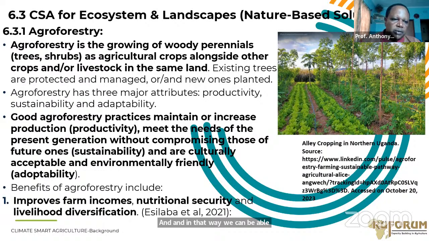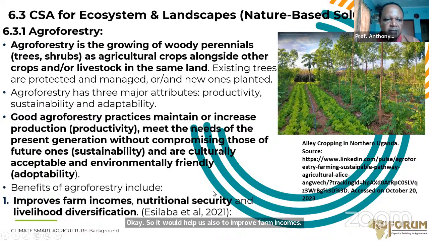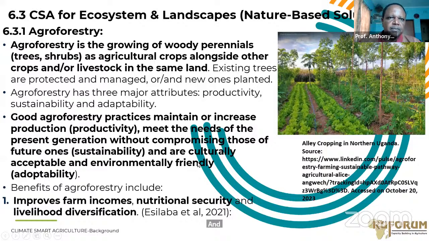It would help us also to improve farm incomes and of course nutrition security because of the diversity that comes from growing woody perennials alongside crops, and they also contribute towards livestock.